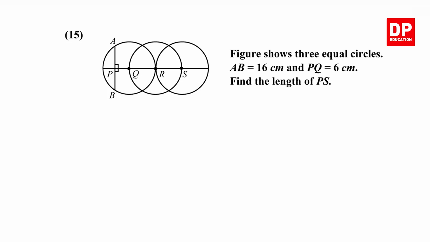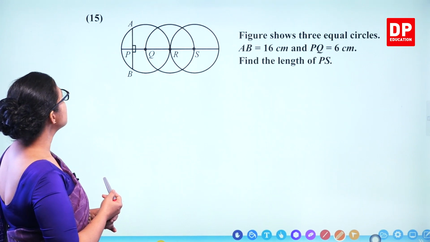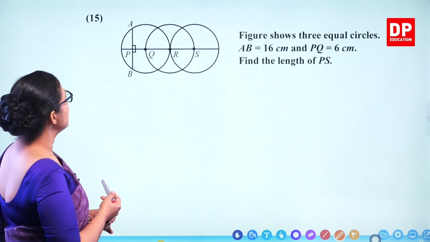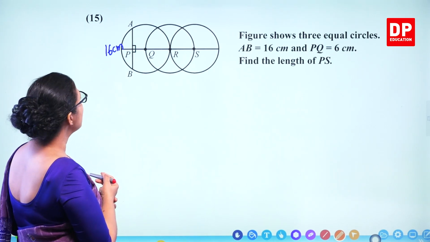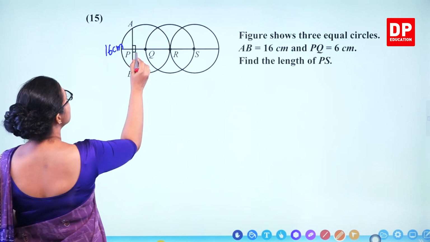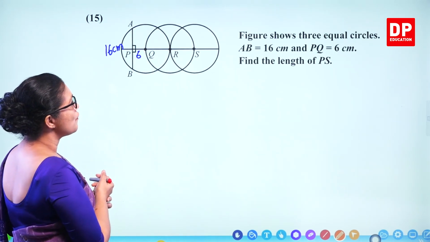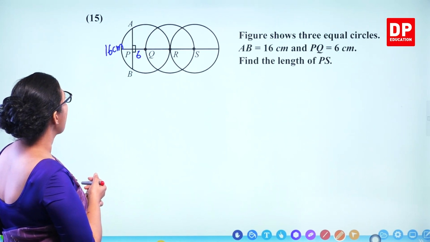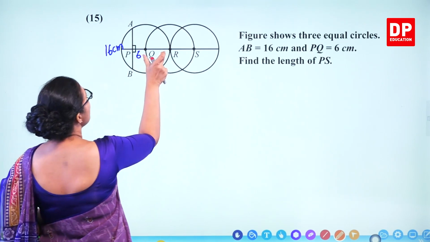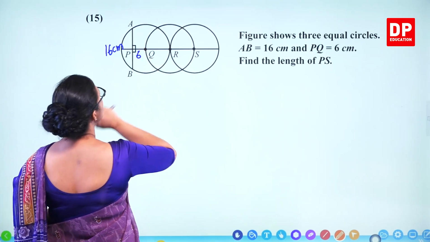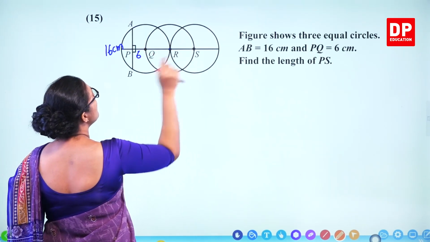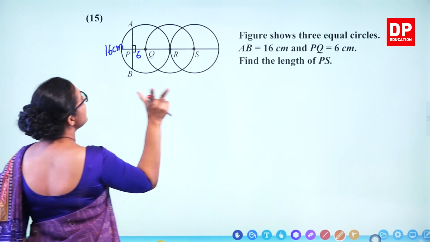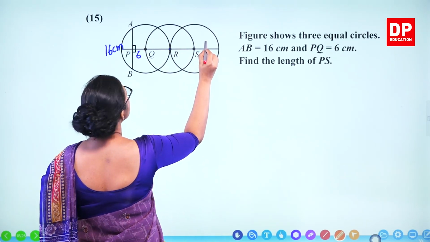Question number 15. The figure shows 3 equal circles. AB is 16 and PQ is 6 centimeters. Find the length of PS. So here, what can you say about this? These lengths are equal because they are equal circles. So we'll put R or something.